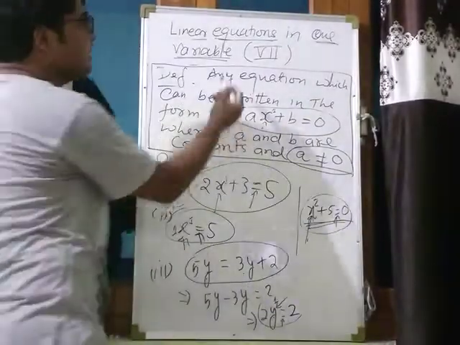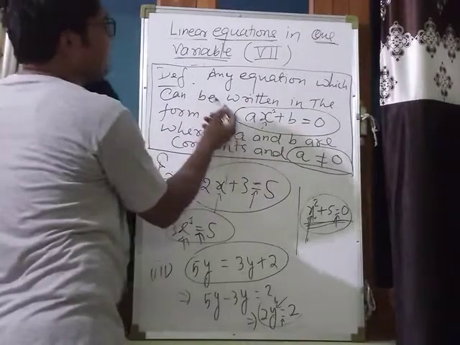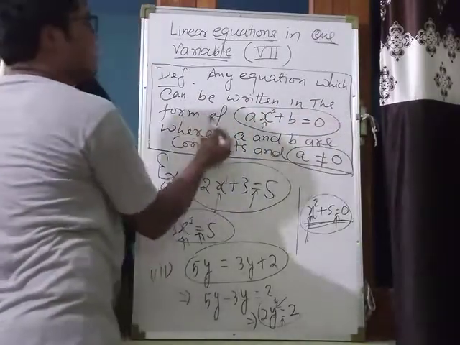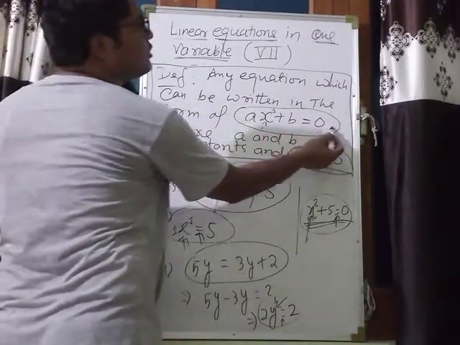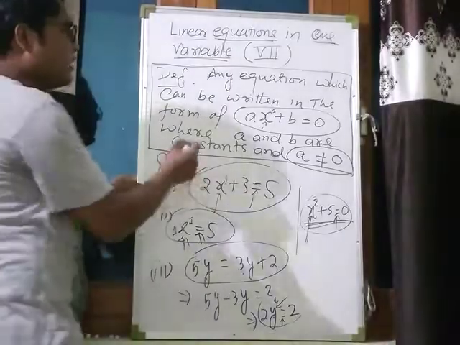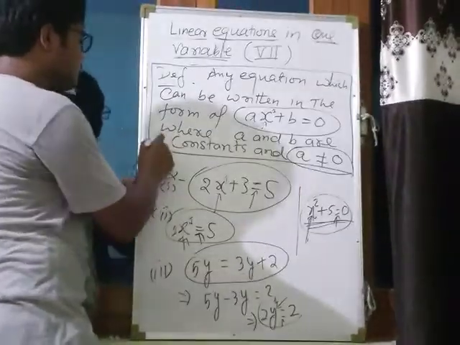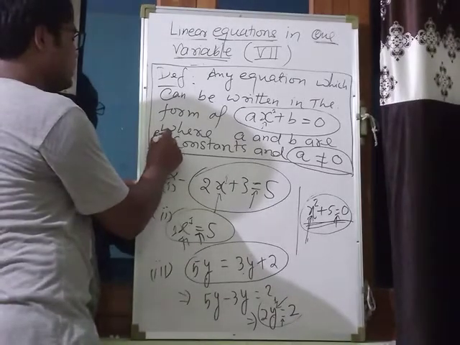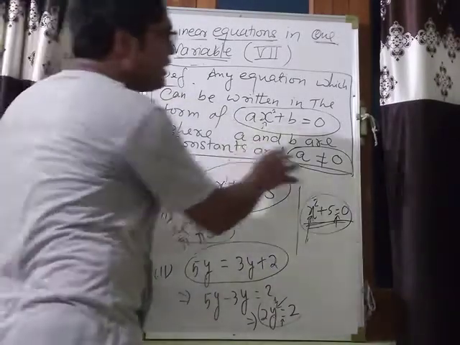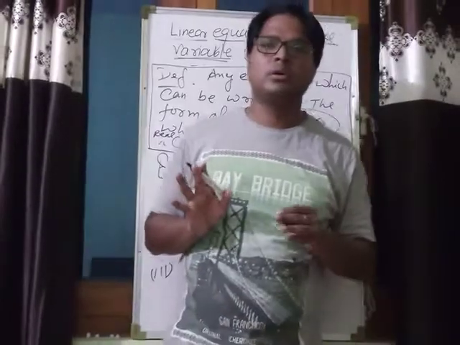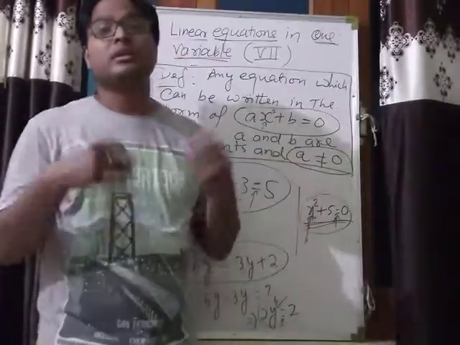What is the definition? Any equation which can be written in the form of ax plus b equal to 0, where a and b are real constants, and a should not be equal to 0. What are real constants? Real numbers.